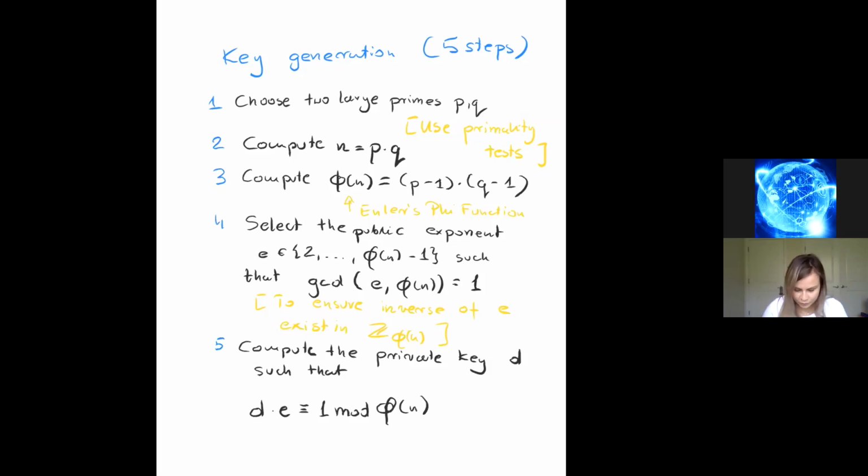Okay, so there are 2 ways how you can compute this D. There is also a third way, which is kind of stupid. You can just try to guess. Okay, that I don't recommend. So for applications, if you try to implement it, there are 2 ways. So first way is you use the extended Euclidean algorithm.